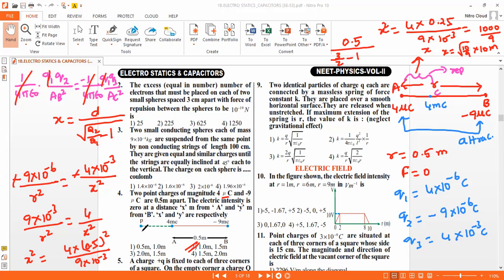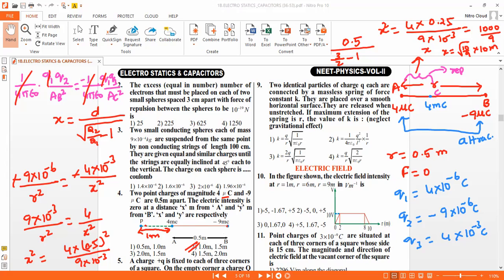Okay, the third charge is placed at 1 meter. From minus 9 microcoulomb, it is at a distance 1.5. By using the shortcut, you can get it very easily. The formula is x equal to d by under root q2 by q1 plus or minus 1.